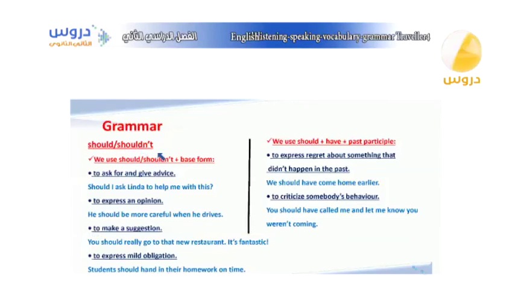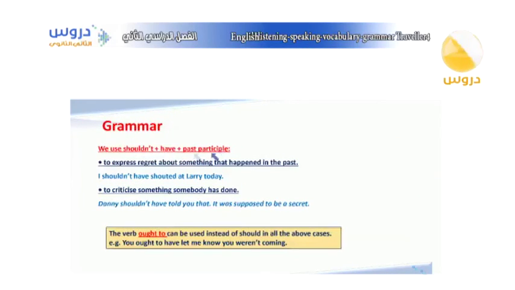So these are the ways we use should and should not. You should come home. You should not smoke. You should play football. You should not walk barefoot, and so on. We use should have and, as students say, verb 3, to express something that did not happen. So we regret, and for criticism, or to criticize someone's behavior.